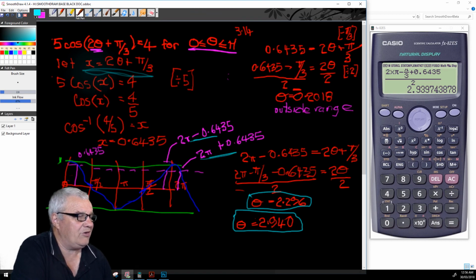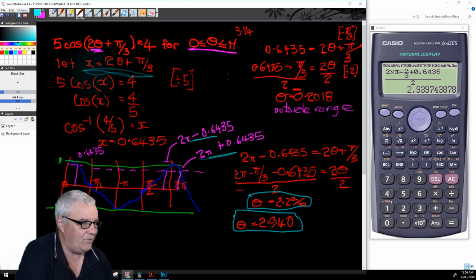So we put x in there, and divide by 5, cos to the minus 1, so that gives us our value for x, 0.6435.